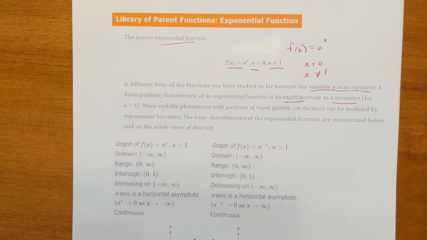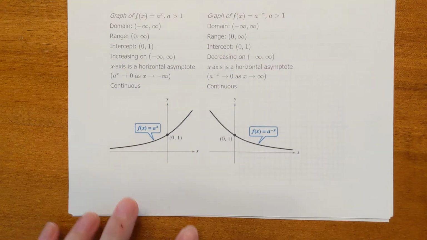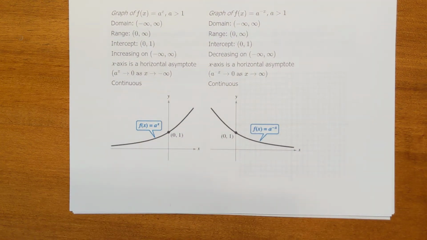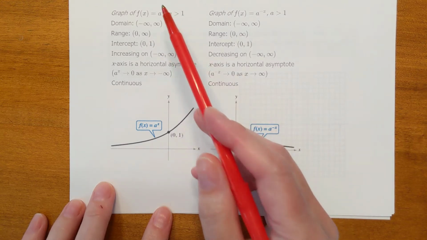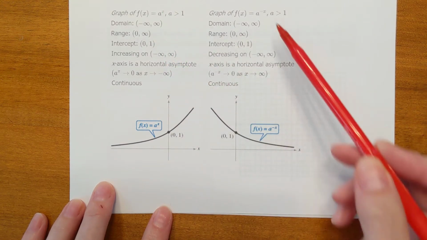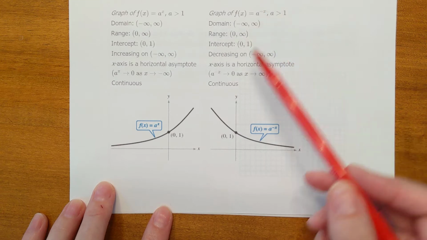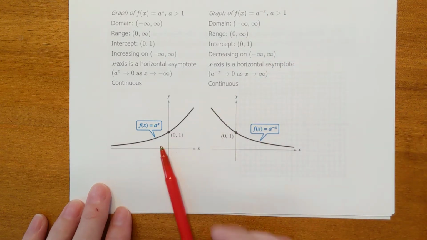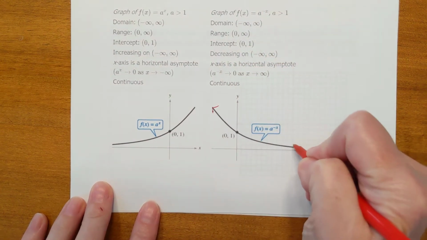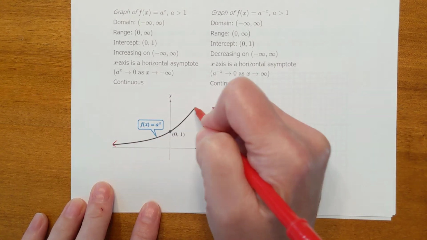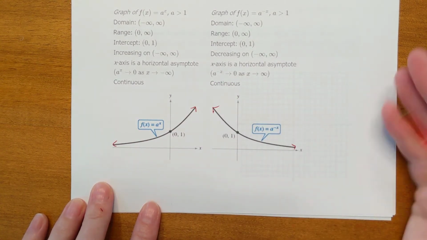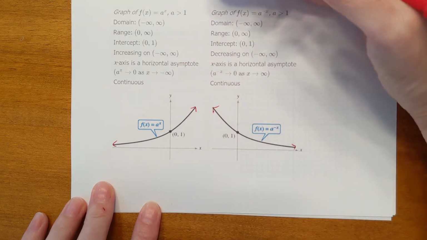So we got a couple graphs down here to look at the basic characteristics of an exponential function, a to the x. The domain for both of these, when it's a to the x or a to the negative x, is infinite. It's going forever to the left and forever to the right. The range, again, you start from how low it is to how high.